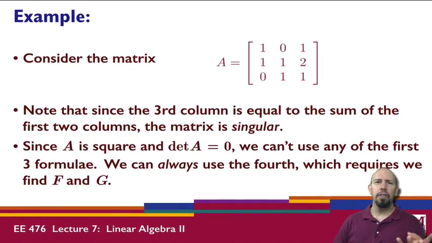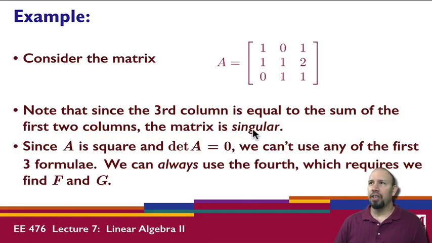Now those are the four defining properties for a pseudo-inverse, but that does not mean those four properties can be used to easily compute the pseudo-inverse. So here's a square matrix. Notice that the third column is the sum of the first two columns. So this matrix is singular.